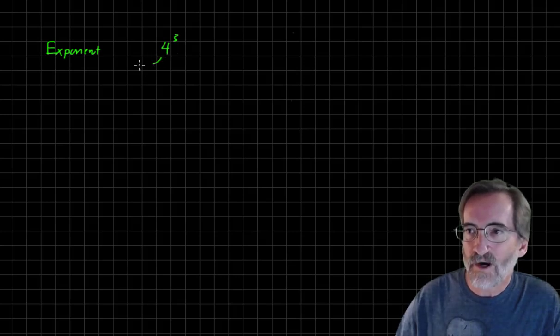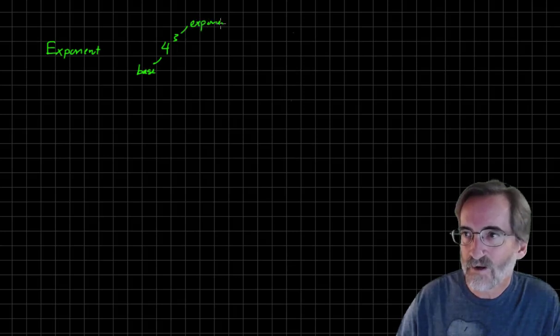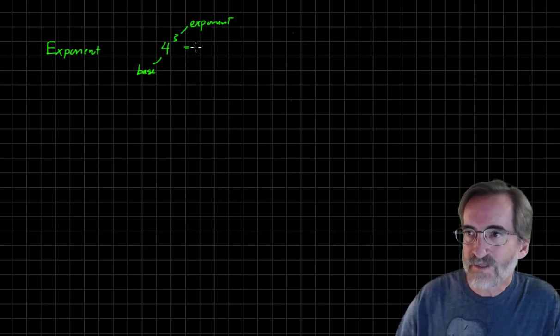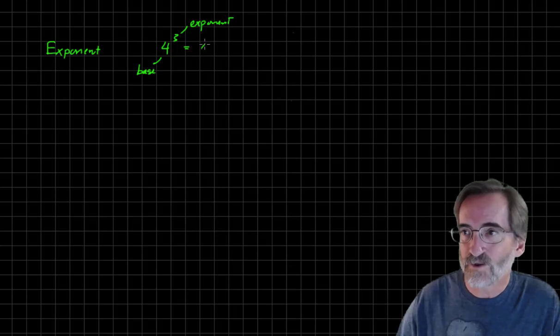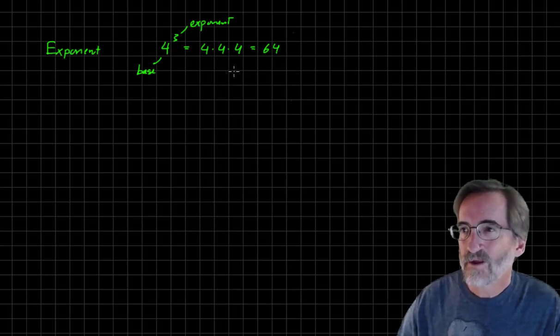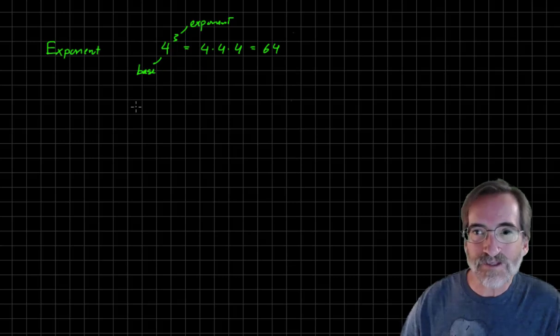The number on the bottom is called the base, and the number on the top is called the exponent. The exponent tells me how many times to multiply the base by itself. 4 to the third power is 4 times 4 times 4, or 16 times 4, which is 64. Okay? And that's the basics of exponents.